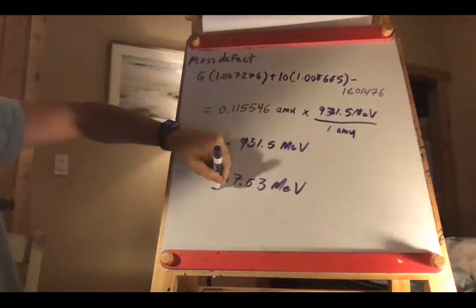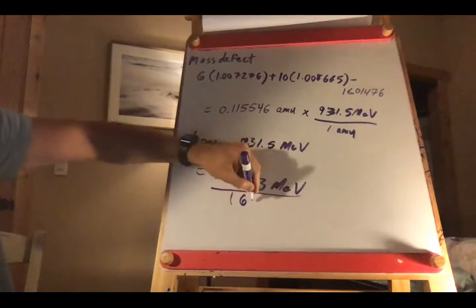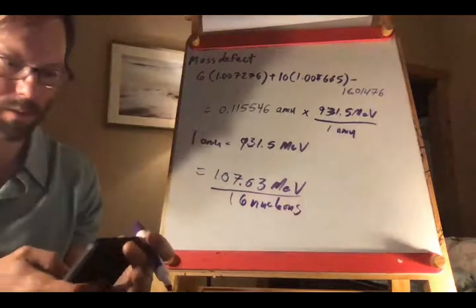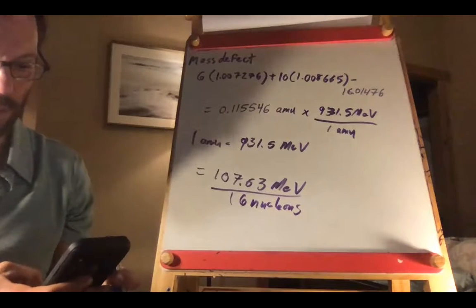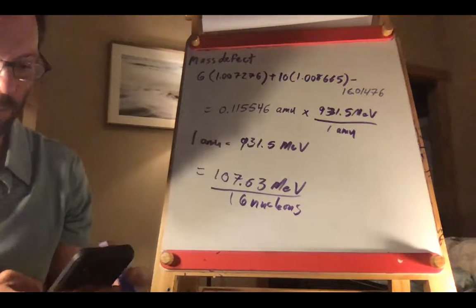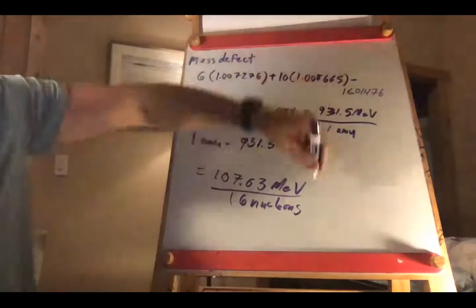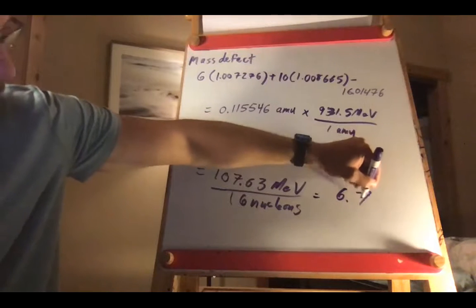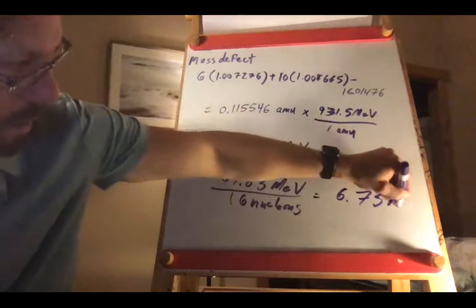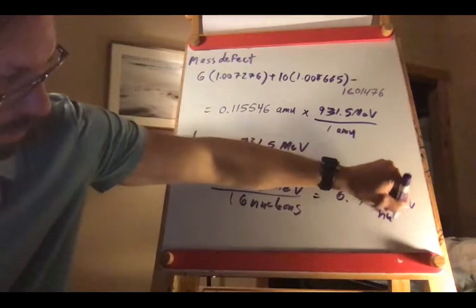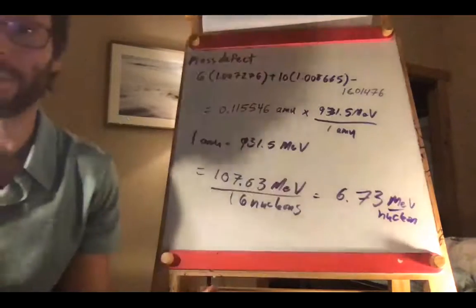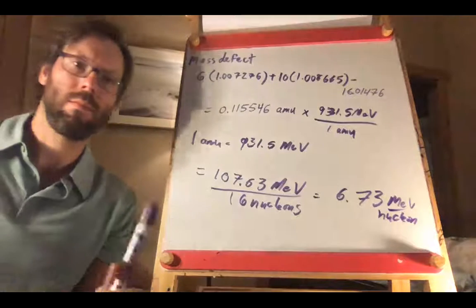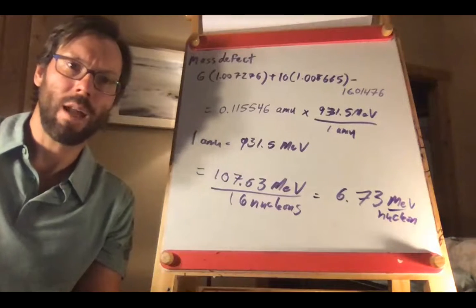So we take this and divide it by 16 nucleons. 107.63 divided by 16, and I'm getting 6.73 mega electron volts per nucleon. Okay. That's it. Not too bad.